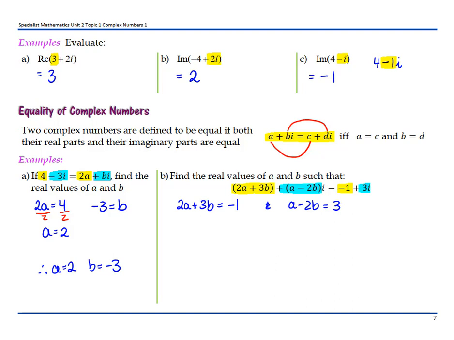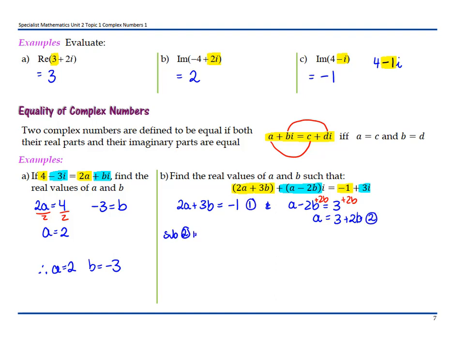You should see here that we have simultaneous equations. Now, I could times my second equation by 2 and solve it via elimination, or I could rearrange this equation to get a on its own and go 3 plus 2b. So add 2b to both sides.